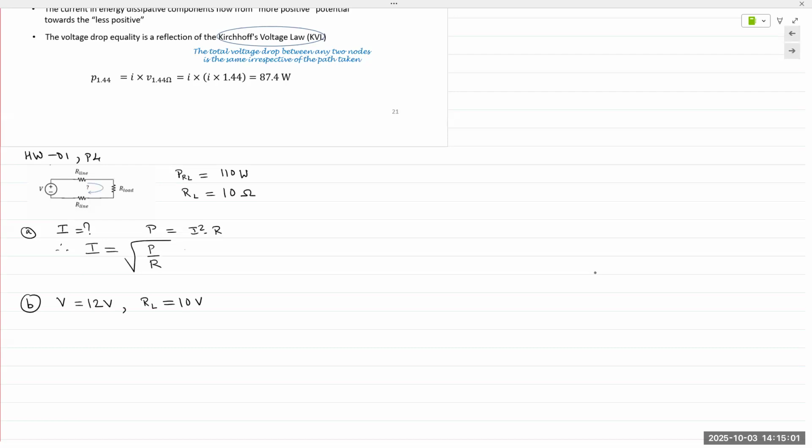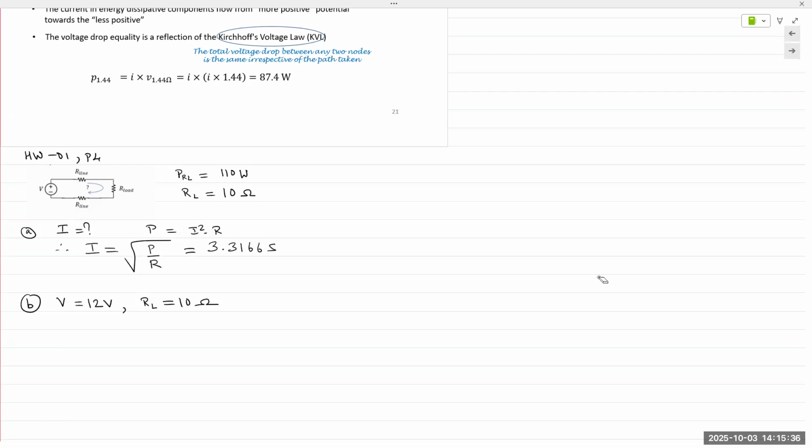So if you do this calculation, what answer do you get? In sub-question A, what is I? Take out your calculators and perform this calculation. Root of 11, yes. 3.3166.